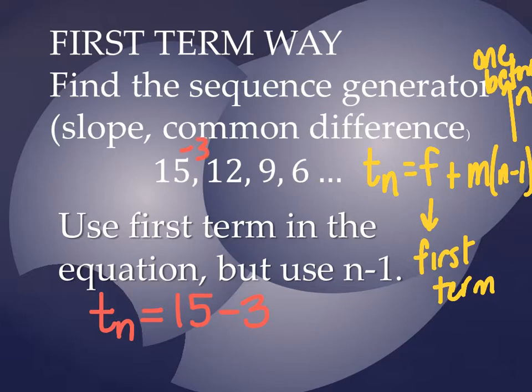But let's say I wanted to find the second term. If I put 2 in there for n, I would get 15 minus 3 times 2. I would get the third term's information. So I have to go to the one before it. So instead of n, when I'm using the first term, I use n minus 1.